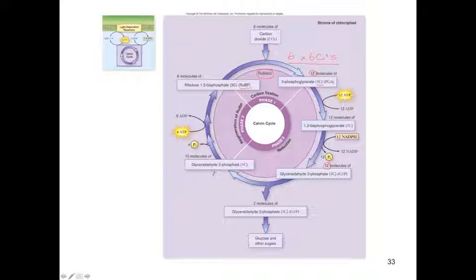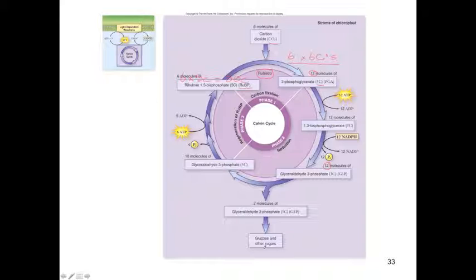How many carbons in all do we have over here in the 6 molecules of RuBP? Well, they're 5 carbons each. So we have 6 times 5 carbons equals 30 carbons. So we have to recycle 30 carbons.